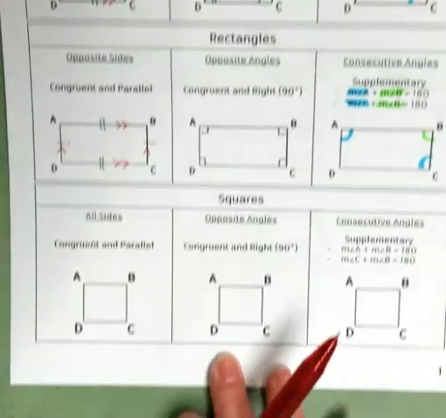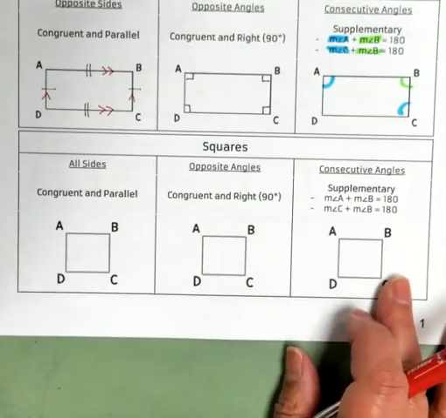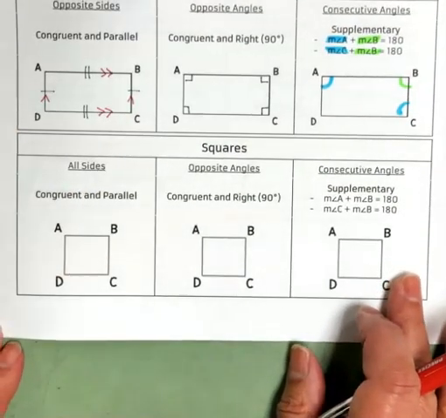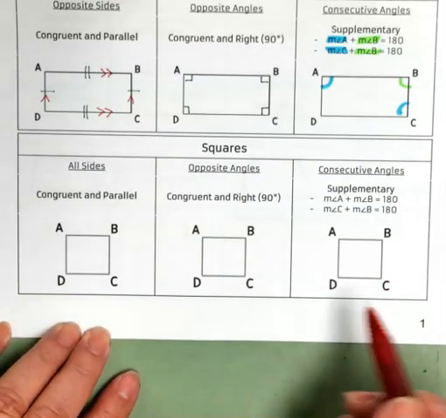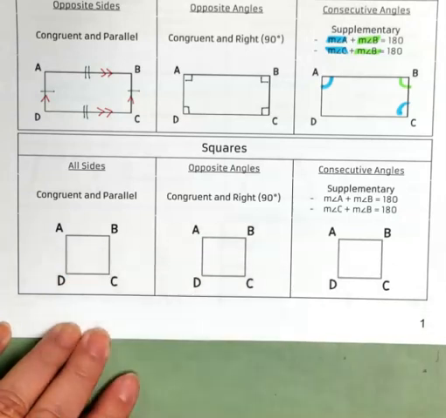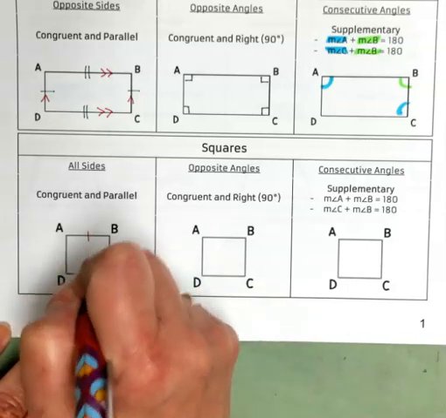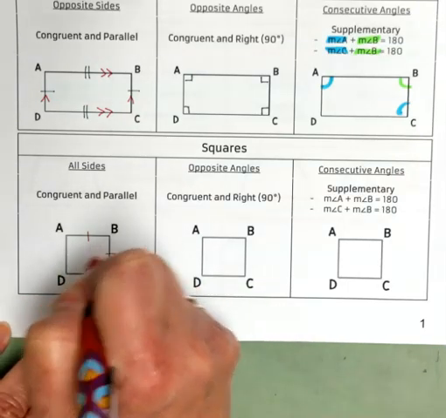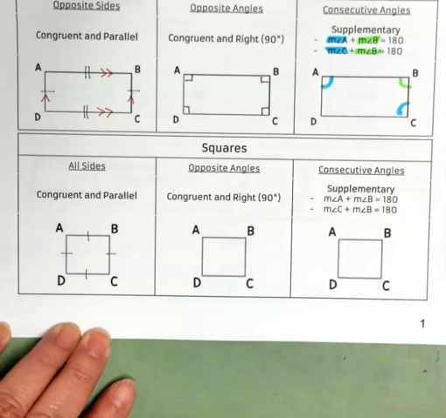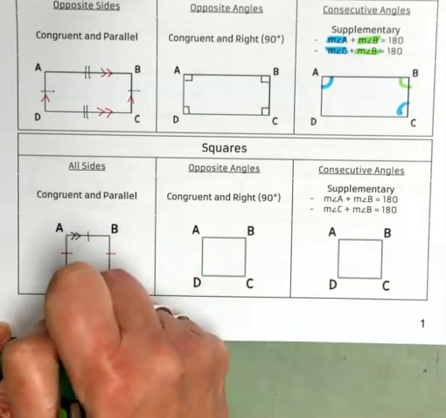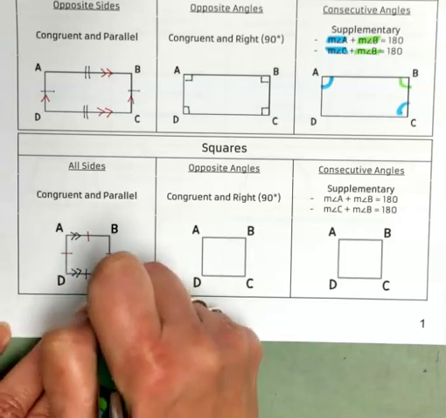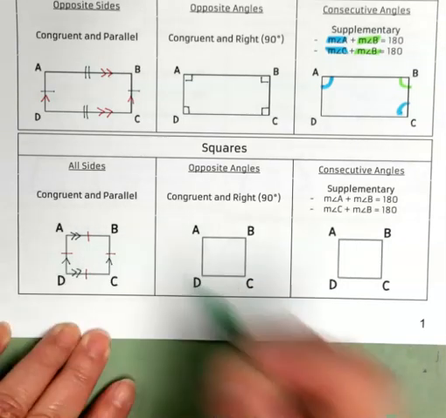The next subgroup we're going to look at is squares. Squares are parallelograms. They're also rectangles in that the opposite sides are congruent and parallel, but the difference between rectangles and squares is that all of the sides are congruent and opposite sides are parallel.